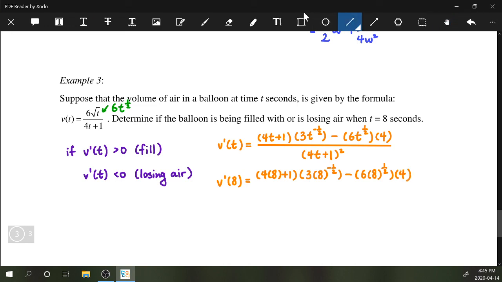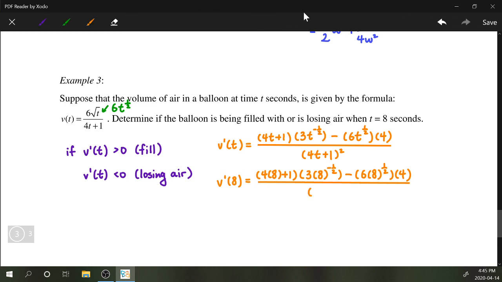And this will be all over 4 times 8 plus 1 all squared. If you evaluate this, you actually get a very small negative number, but it is negative nonetheless. I'll leave you to evaluate it using a calculator. And then this is, of course, losing air.